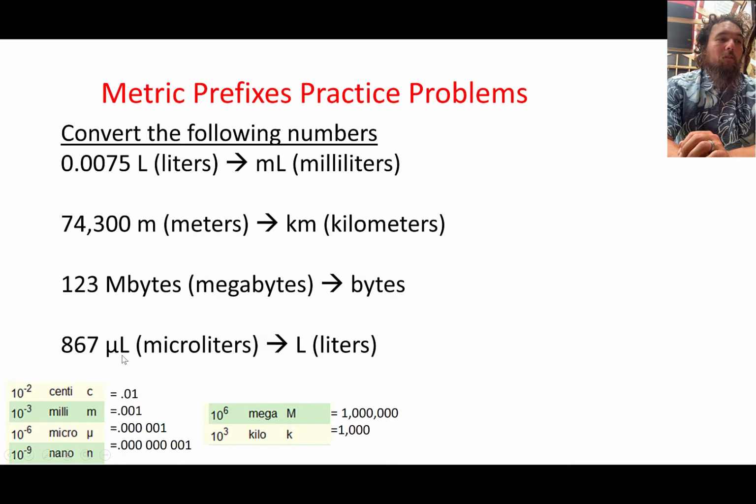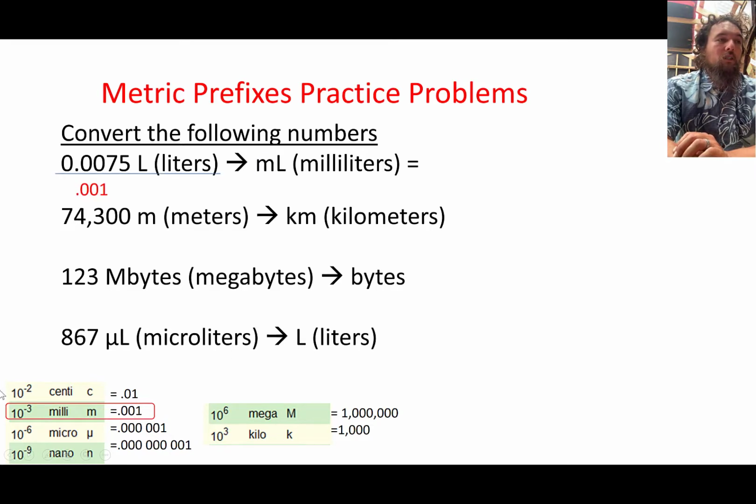Okay, so I have all my different conversions on the bottom, and what these 10 to the negative 2 and things like that mean are written on the side. If I'm going to convert from liters to milliliters, the milli tells me I'm going to use this 10 to the negative third and the prefix lowercase m. That means it's equal to 0.001.